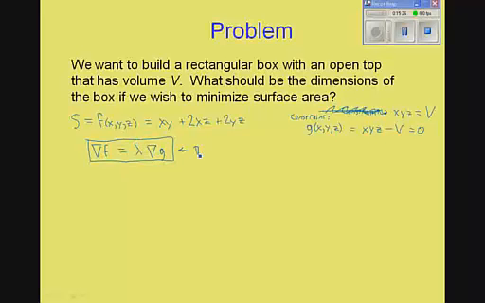So this vector equation yields a number of scalar equations.